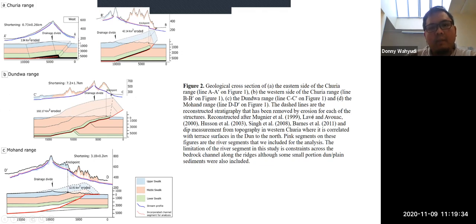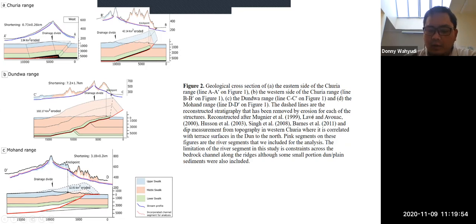And this one is, so we built this cross section mainly from the data from Lave and Avouac and some measurement of the dip using the topographic.